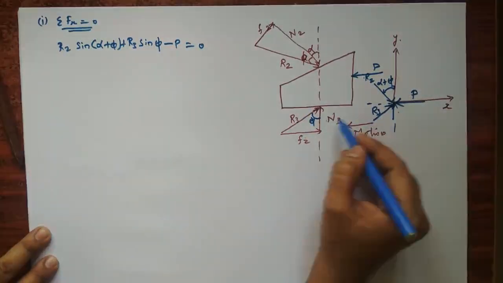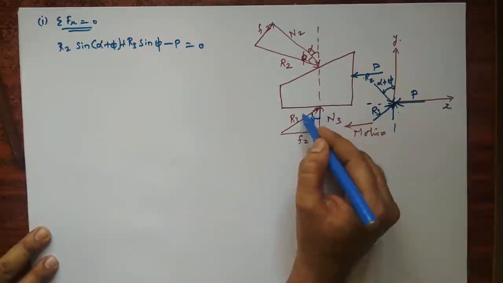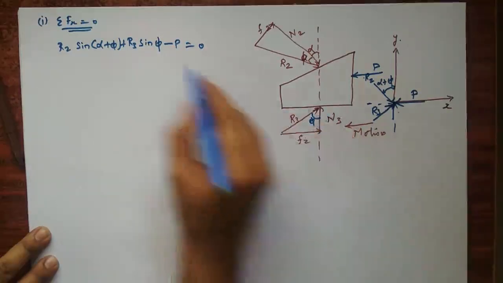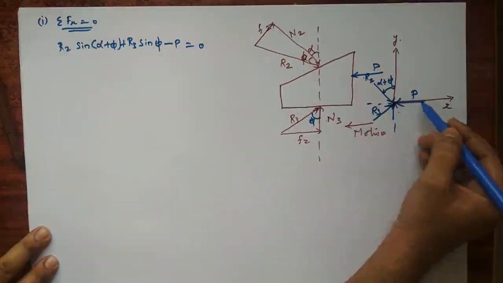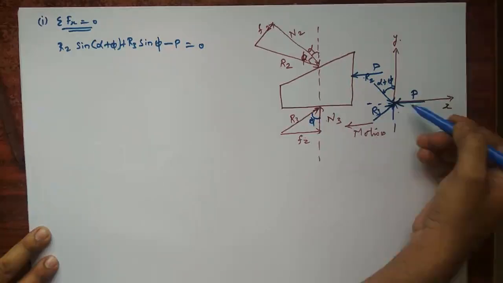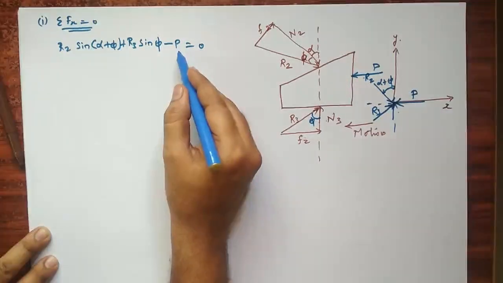Because the angle is given in this direction, I am using sine phi here. So P is towards left hand side, so minus P.